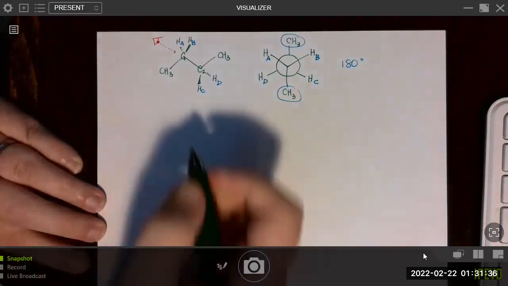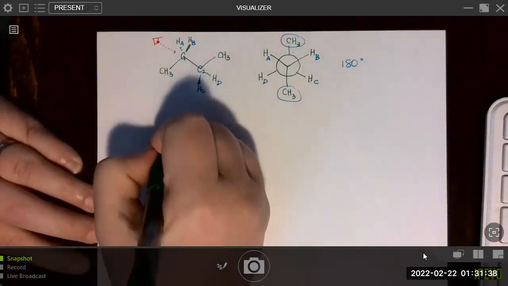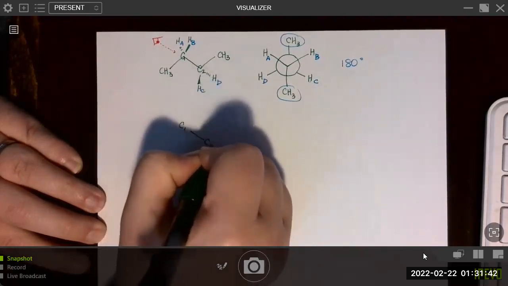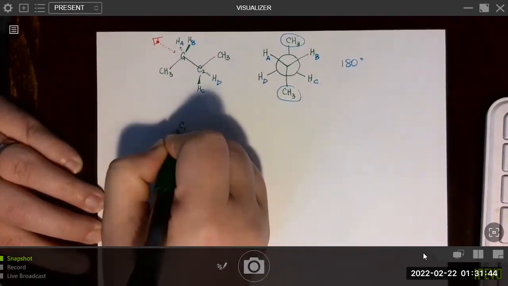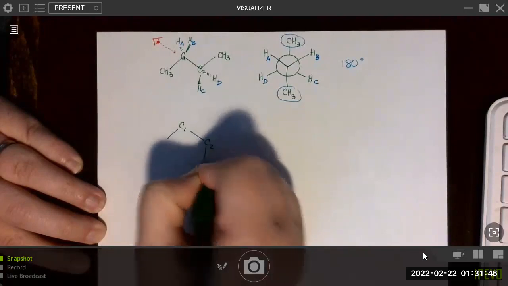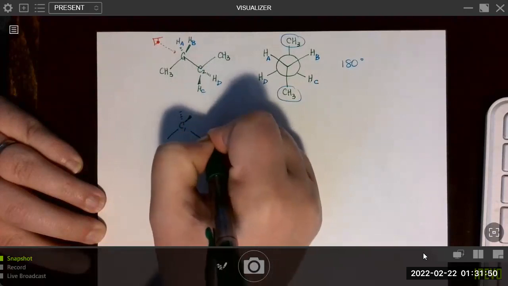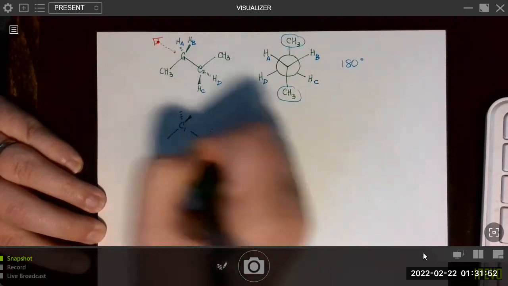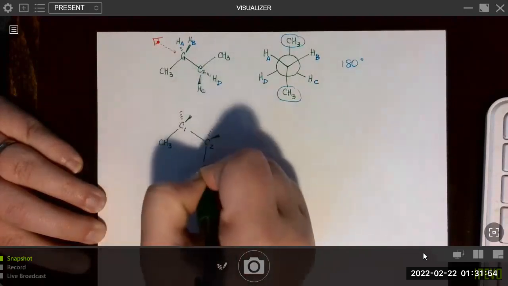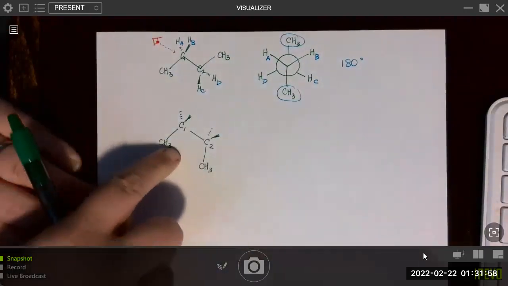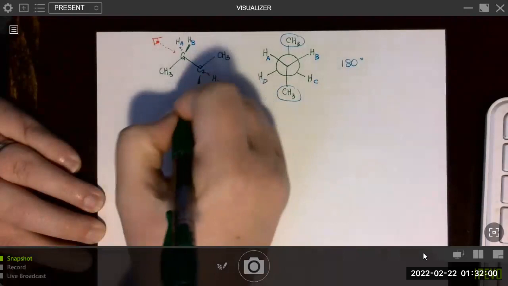The way to look at that is you could think of drawing it where the two methyl groups are both pointed down with respect to the observer.